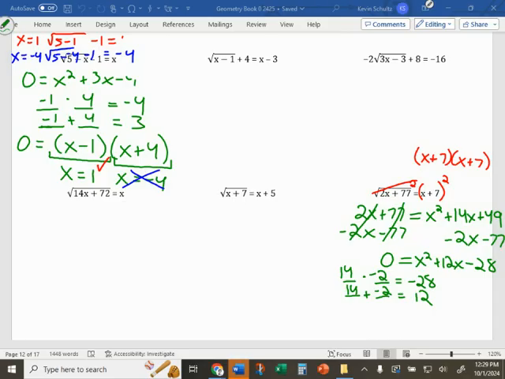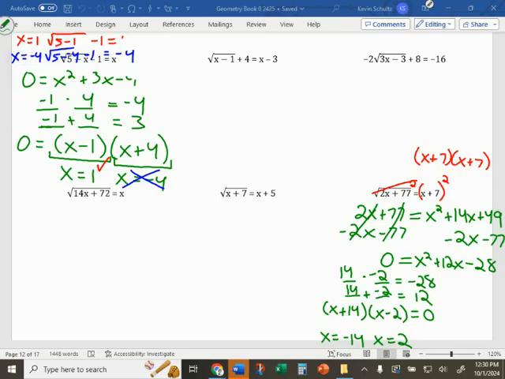So our parentheses, we have x plus 14 and x minus 2 equals 0. We take that solution to the number puzzle, put it in our parentheses, which means that x equals negative 14, or x could equal positive 2.